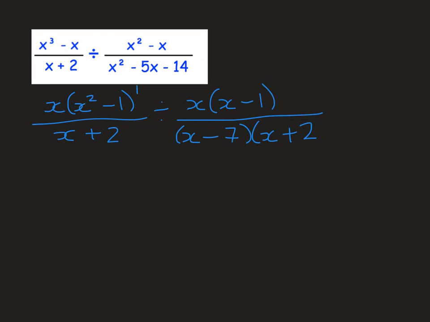I can actually simplify this a bit more, because I should see straight away that in the bracket I've got the difference of two squares. So that's actually x plus 1, x minus 1 over x plus 2. Now, I'm dividing by a fraction, so remember, when you're dividing by a fraction, keep the first one the same, change that to a multiply, and flip this fraction.